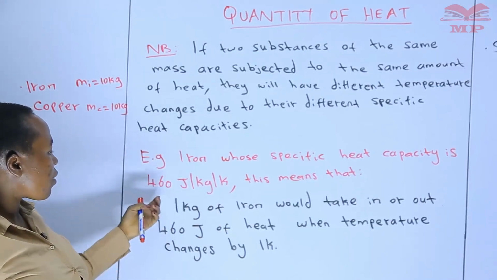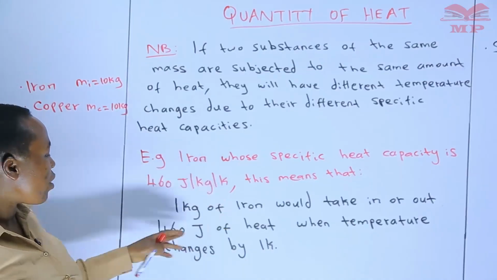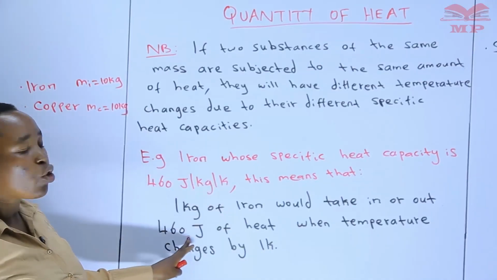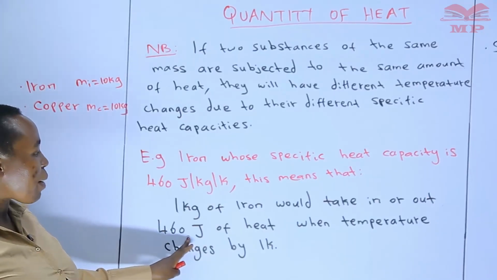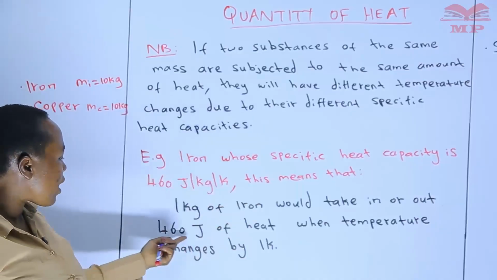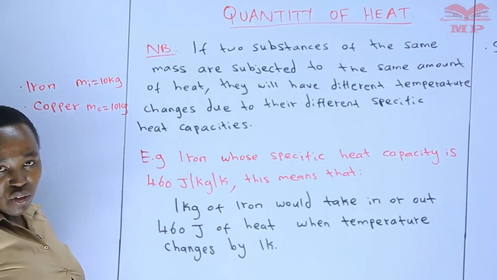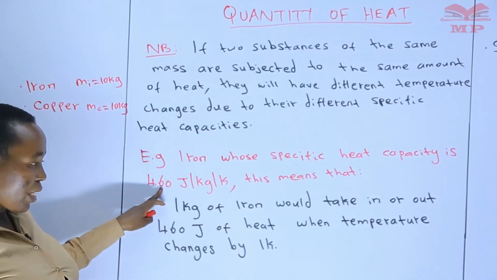So in this case, where 1 kilogram of iron takes in or out 460 joules, another material is going to take in or out a different amount of energy depending on its specific heat capacity.